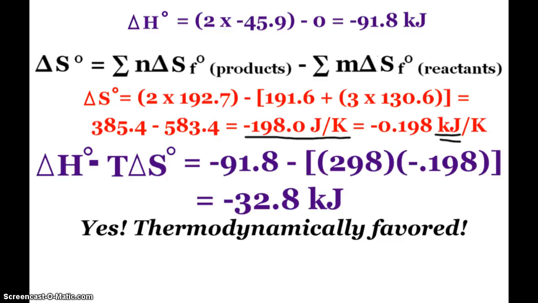And so yes, this reaction is thermodynamically favored. It ends up with a negative 32.8 kilojoule value. What we're going to see here is that this delta H minus T delta S has a special name, Gibbs free energy, and that will be next time.